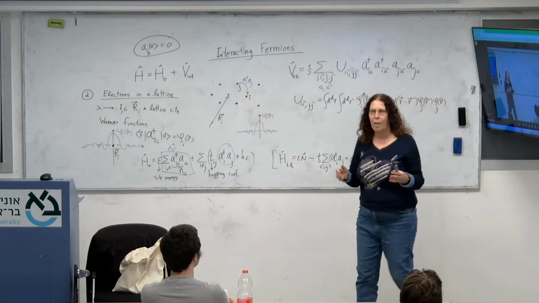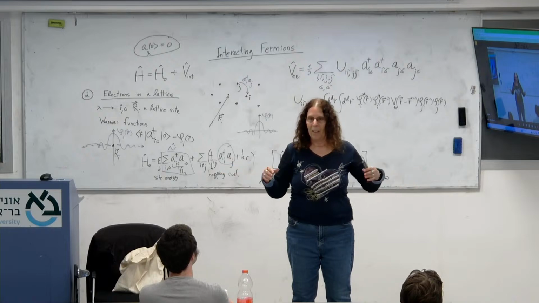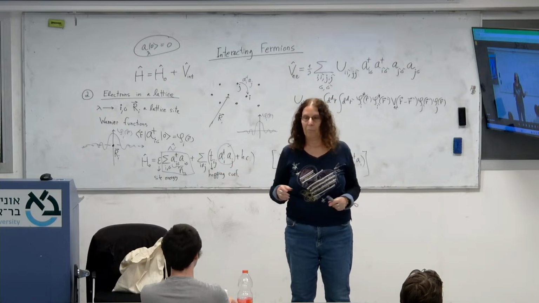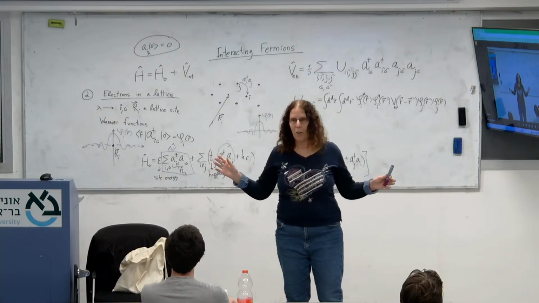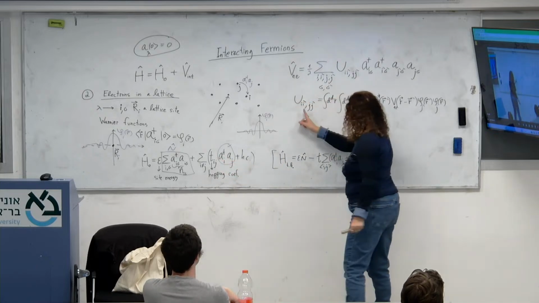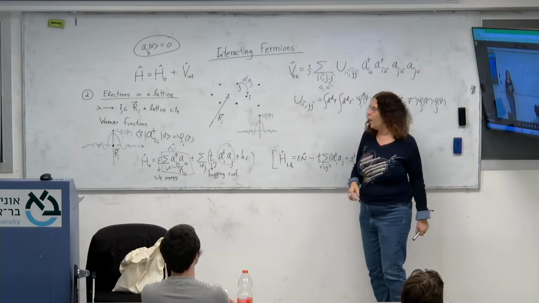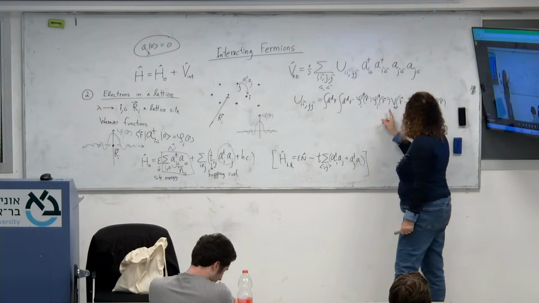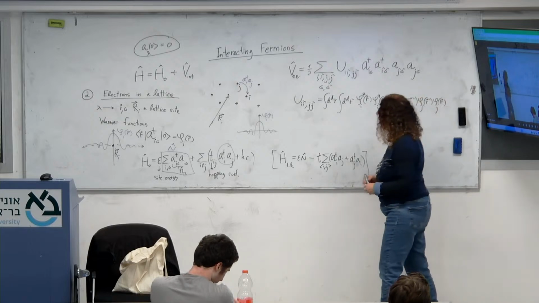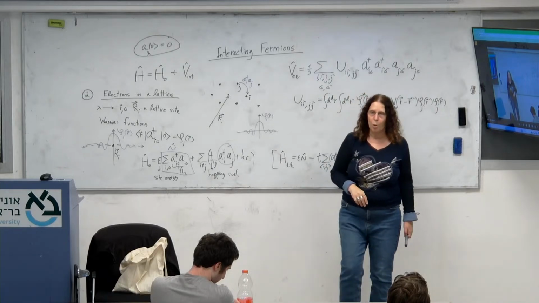And notice that, forget about what the interaction is. Coulomb interaction decays with the distance, but it decays slowly, right? Just 1 over R. So it's long range. But the matrix elements may decay much faster than the interaction itself. Why? Because here I have different lattice sites, and the overlap between them is very small.